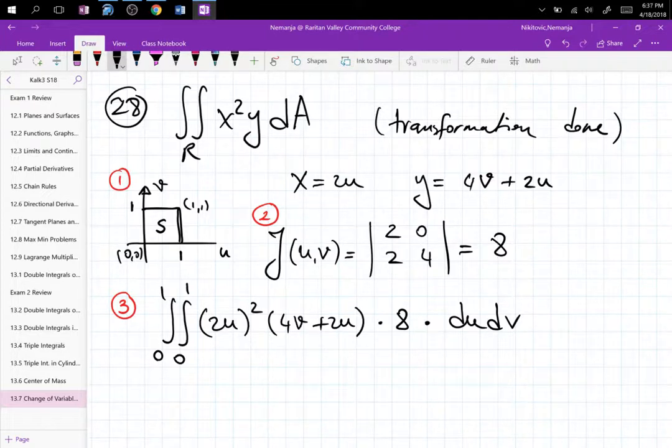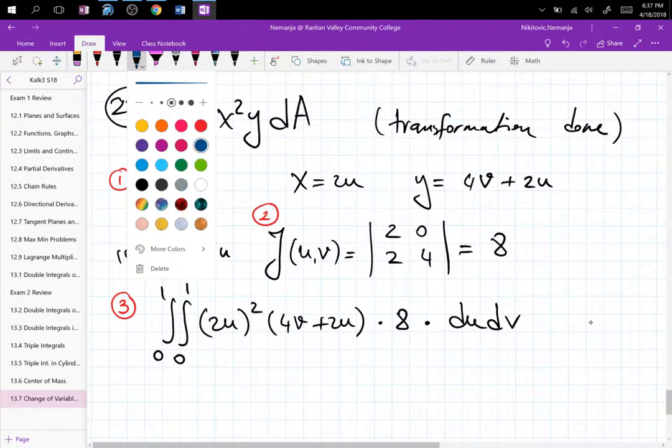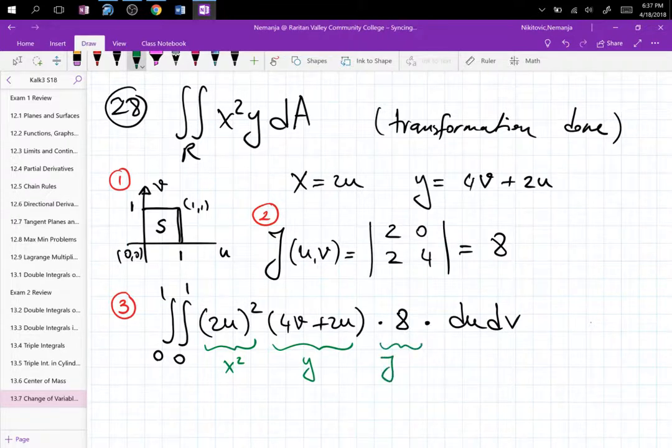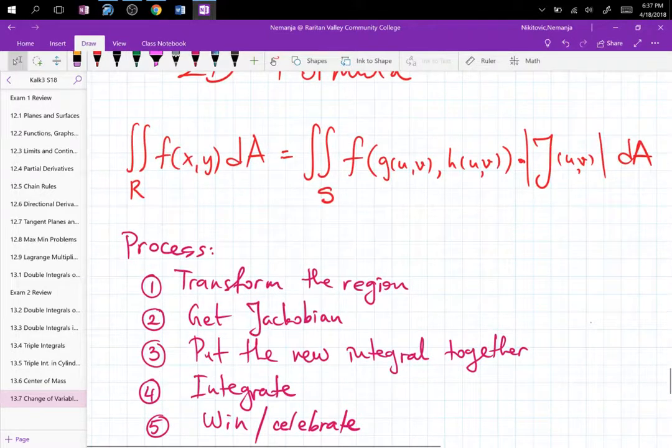Now, before I go there, I just want to make sure that you guys understand this. So here comes the green color over here. This puppy over here is your x squared. This puppy over here is your y. This one over here is your Jacobian, u v. And this is over here your dA. As you are following your formula listed up there in red. See that thing? It looks so crazy. Not a problem at all.